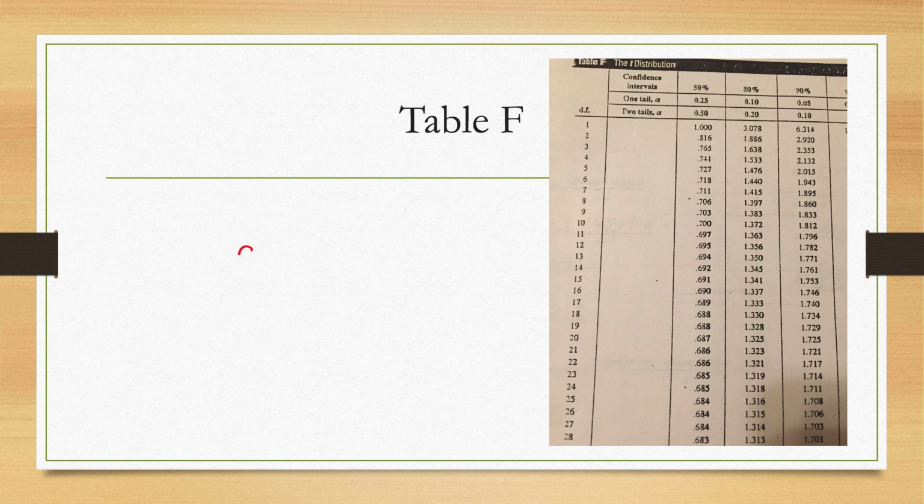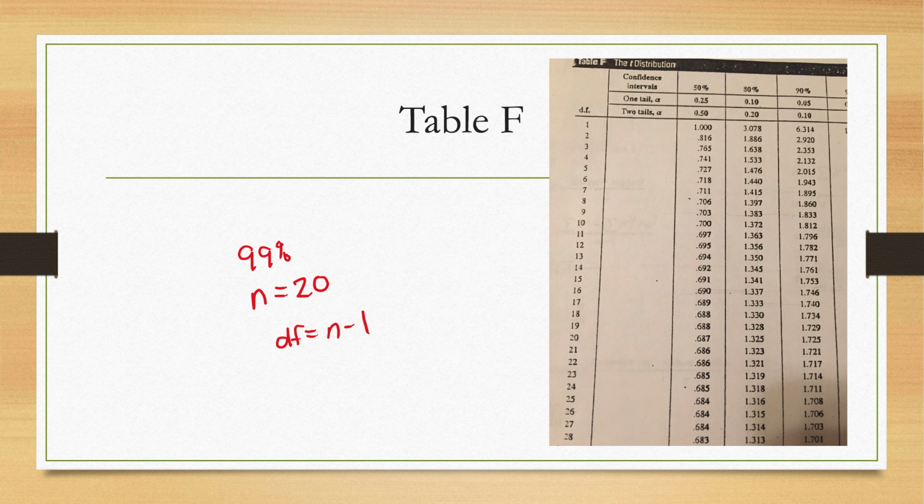So we said 99%, and we said sample size of 20. Remember this DF column, when we are doing confidence intervals, is sample size minus 1. Now this can be confusing because remember that in chapter 10, when we do the regression analysis, it's n minus 2. But right now, with the confidence intervals, it's n minus 1.